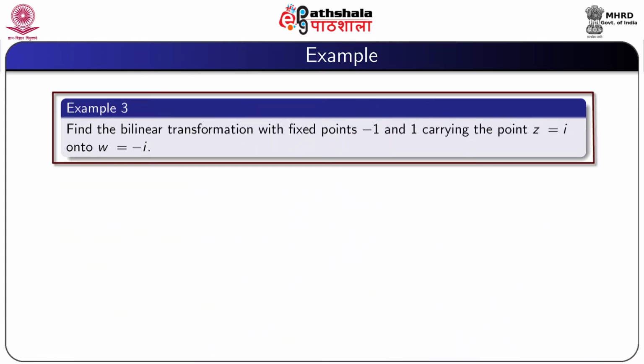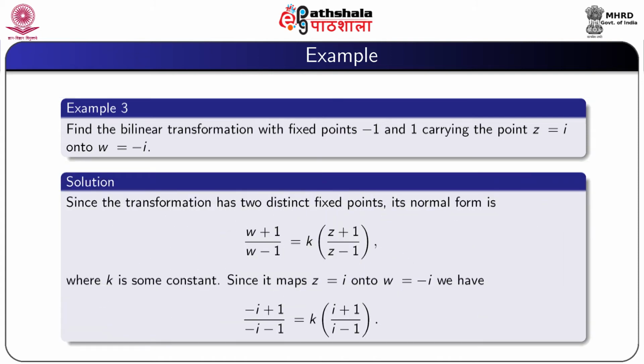So, another example, find the bilinear transformation with fixed points minus 1 and 1 carrying the point z equal to i onto w equal to minus i. Since this transformation has two fixed points minus 1 and 1, its normal form is w plus 1 by w minus 1 equal to k into z plus 1 by z minus 1, where k is some constant.